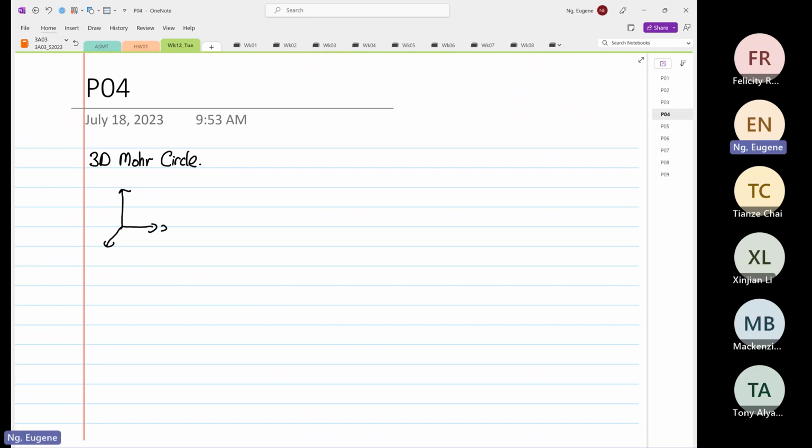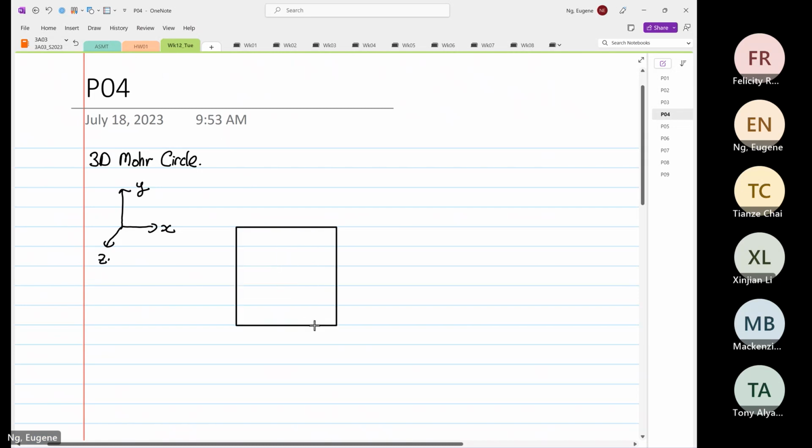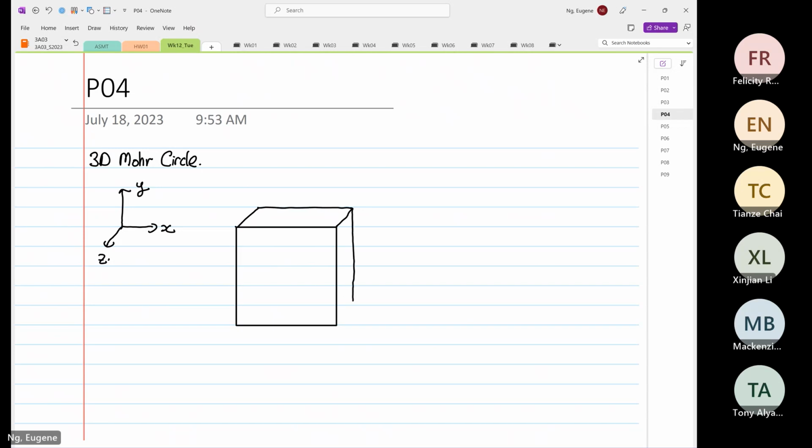As you know, this is your X, Y, and Z. And the face with the biggest area. Right. So this is an element.